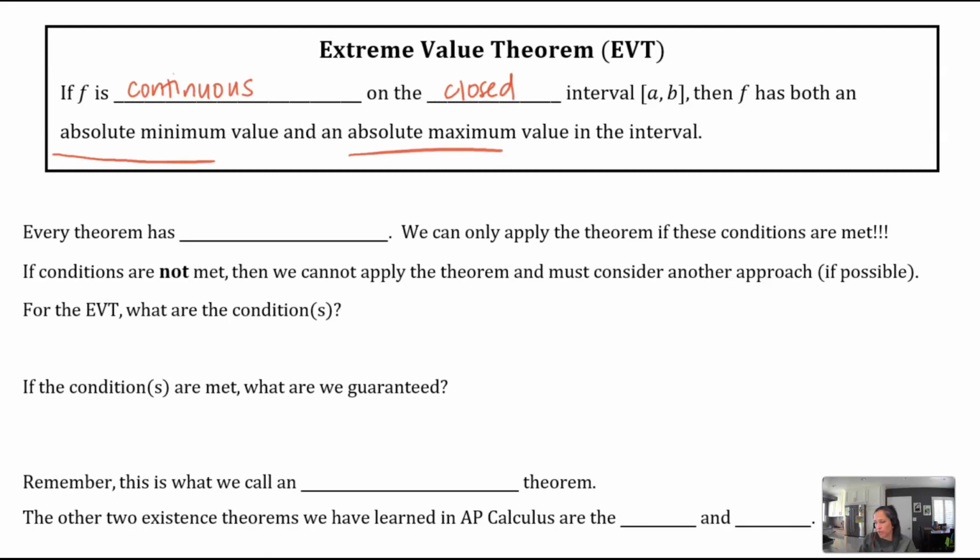Those are what we would call conditions. If you're filling out these notes, I'm filling them out for you so you have them. Our function must be continuous, and our interval must be closed.